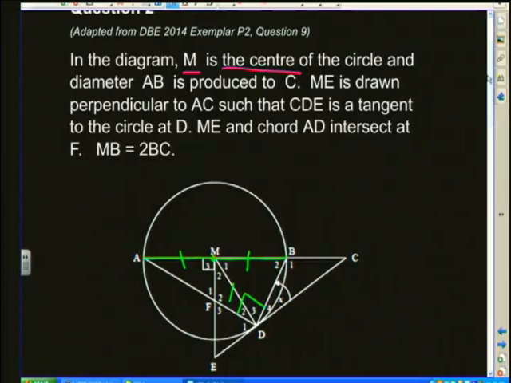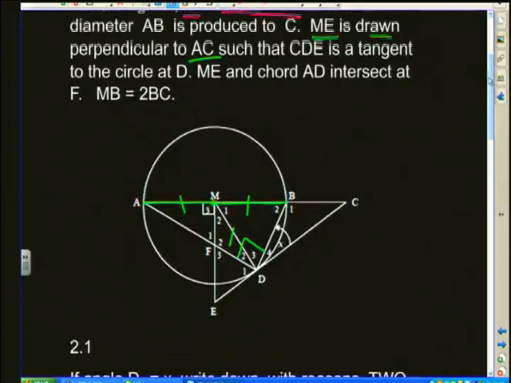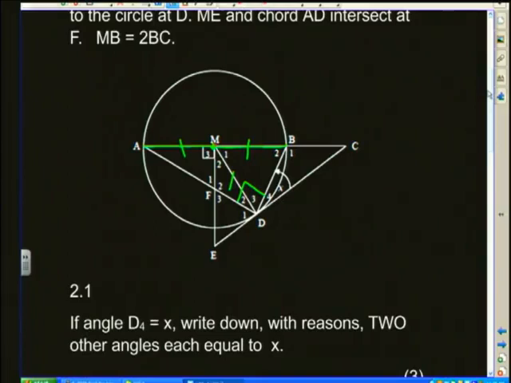They tell you that ME is drawn perpendicular to AC. As you can see, that's been marked. Angle M3 is equal to 90 degrees.